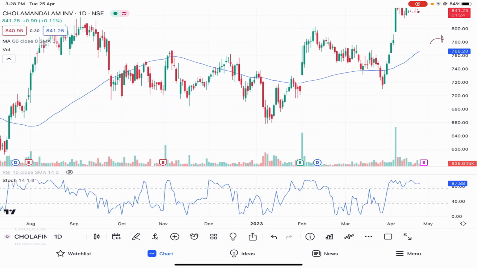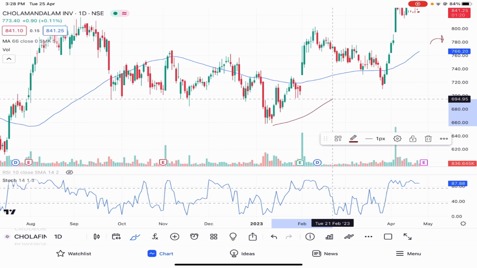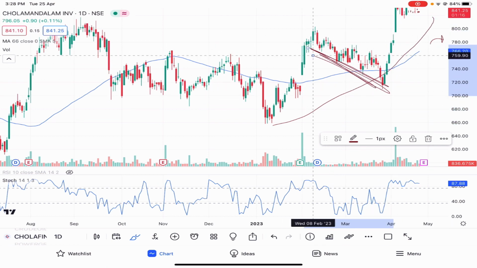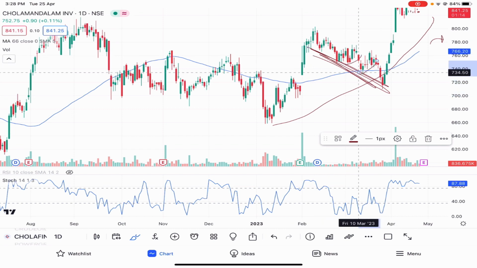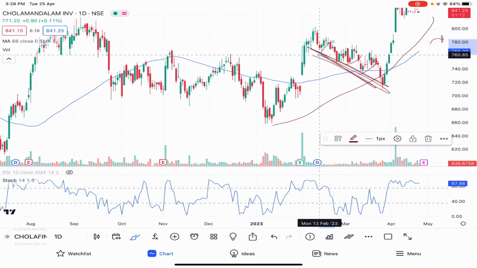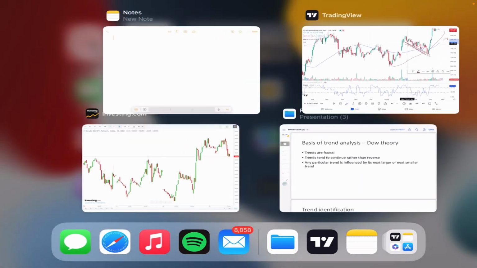If you look at the chart, the primary trend is going up, but inside there is a smaller trend, and even inside that there is a smaller trend. So that is what we are discussing: trends are fractal in nature, the bigger trends are always affected by the smaller ones, and the smaller are affected by the other trends. That is the concept we have to keep in mind.